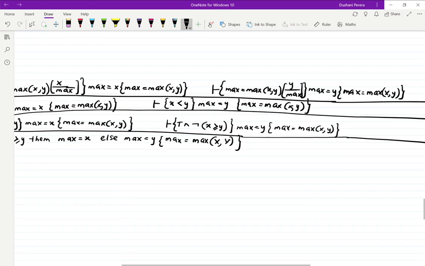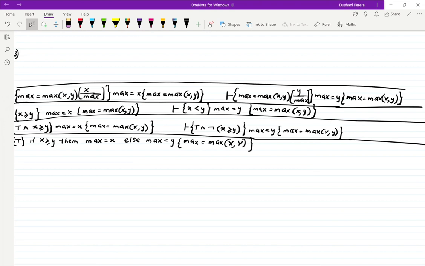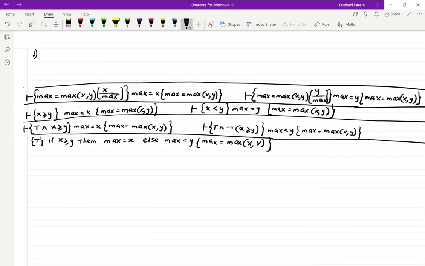Okay, now since we have this, what we can do now is we replace x with e. Now our x is max, so let's replace max with the value for e. What we used for e was x. E is equal to x. So let's replace that.